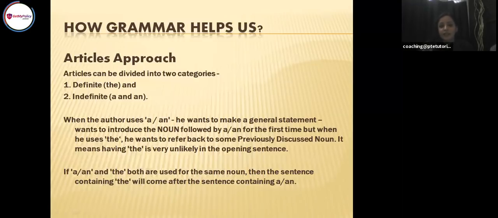Now what is the lion? The lion is showing that it is not some other lion. It is the same lion that I discussed in the previous line. A company, then the company. These are the pairs. I cannot break them.